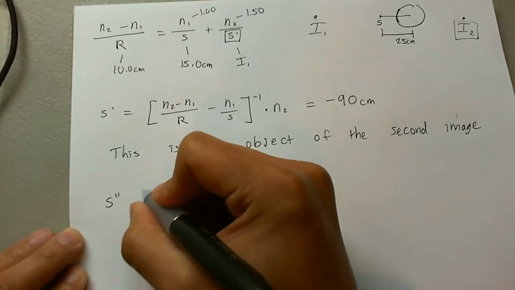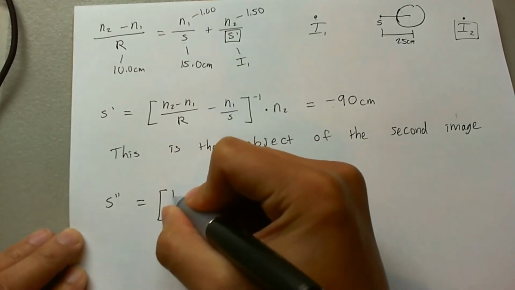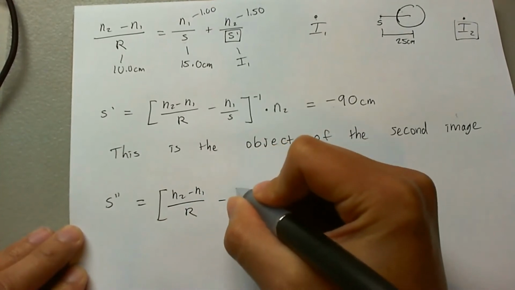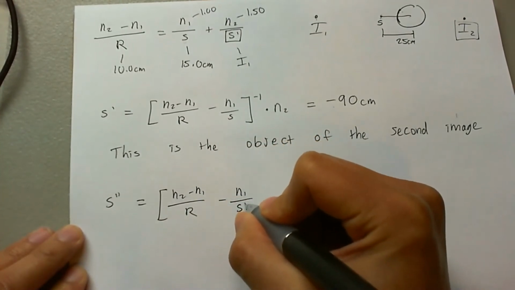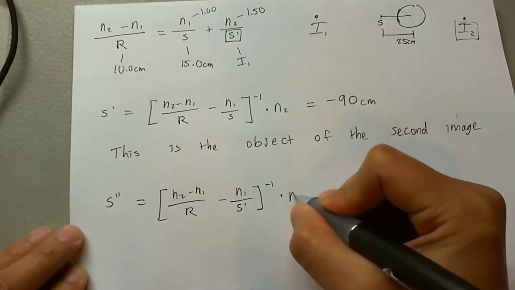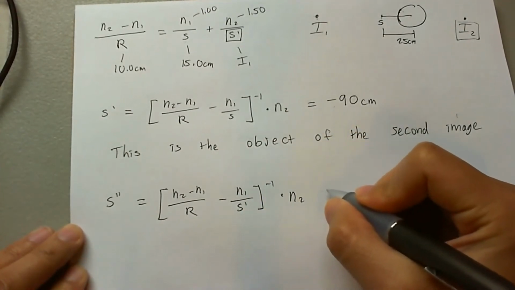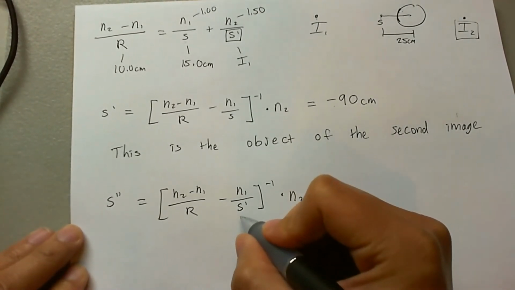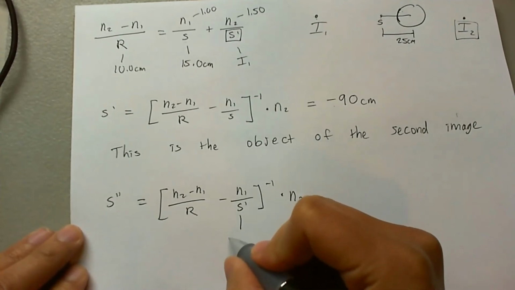So S double prime is going to equal, again, n2 minus n1 over R, minus n1 over S prime, to the negative first power, times n2. Now plugging in all the numbers, and I'm going to go ahead and specify clearly what needs to be plugged in here.